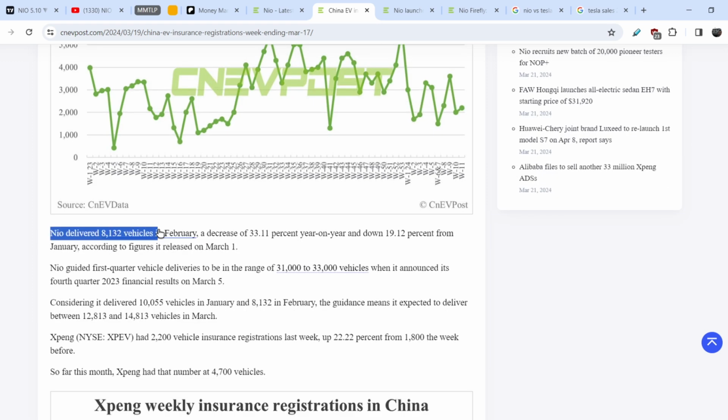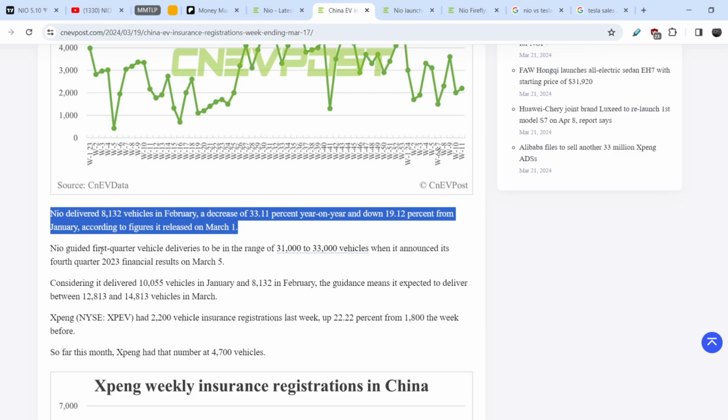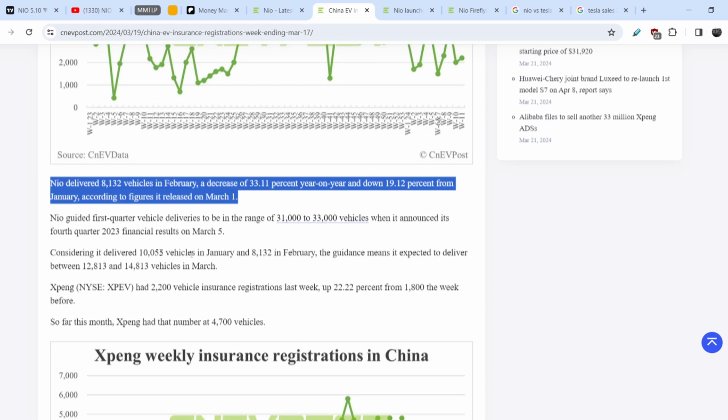Let me go further. NIO delivered 8,132 vehicles in February, a decrease of 33.11% year-on-year and down 19.12% from January, according to figures it released on March the 1st. NIO guided first quarter vehicle deliveries to be in the range of 31,000 to 33,000 vehicles when it announced its fourth quarter 2023 financial results on March the 5th.